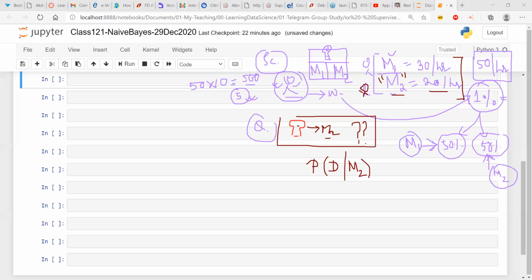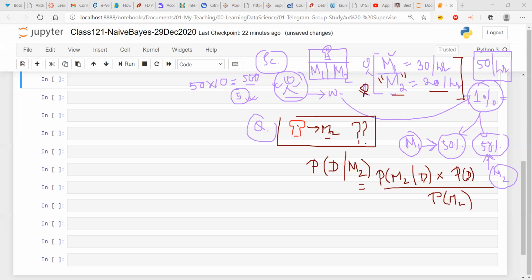So clearly this is a conditional probability problem. If I try to use Bayes theorem, I'm going to put this as P of M2 given D, which is my likelihood, multiplied by the class prior, P of D, and then divide this by P of M2.